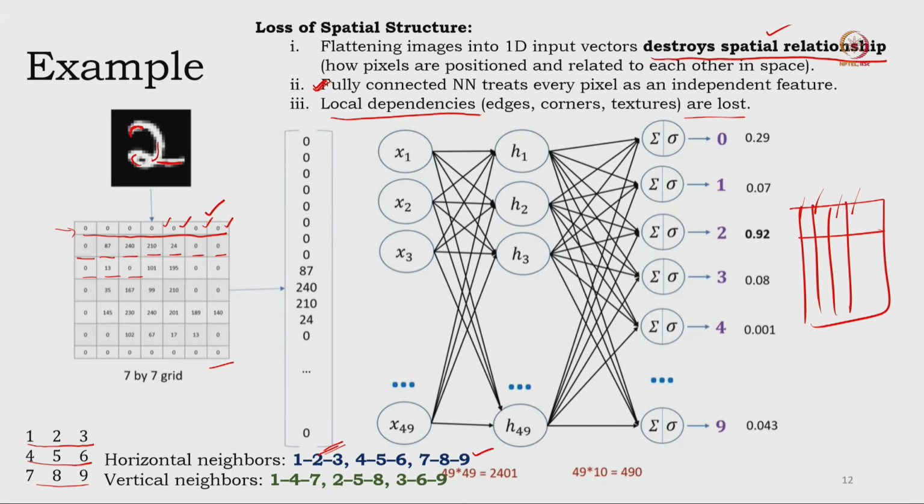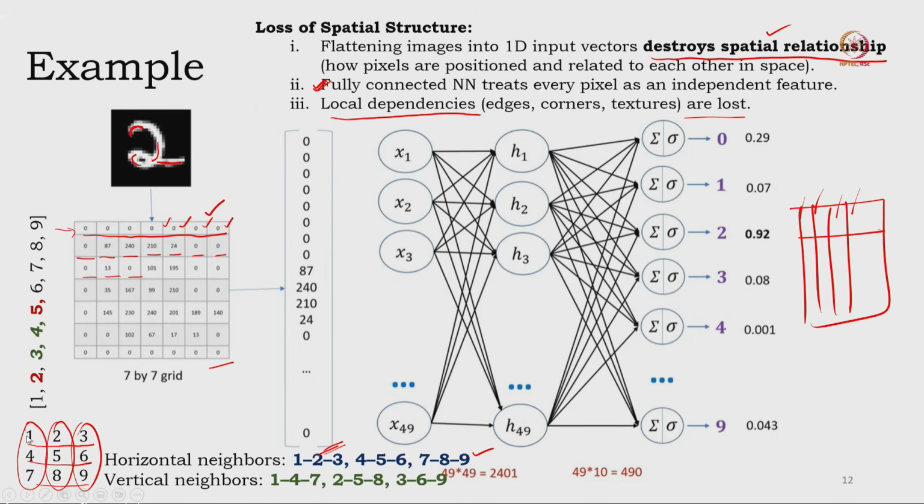Similarly, these are the vertical neighbors. Now, what exactly is the problem? The matrix should be converted into a single vector, only then can you pass it to a neural network, right?